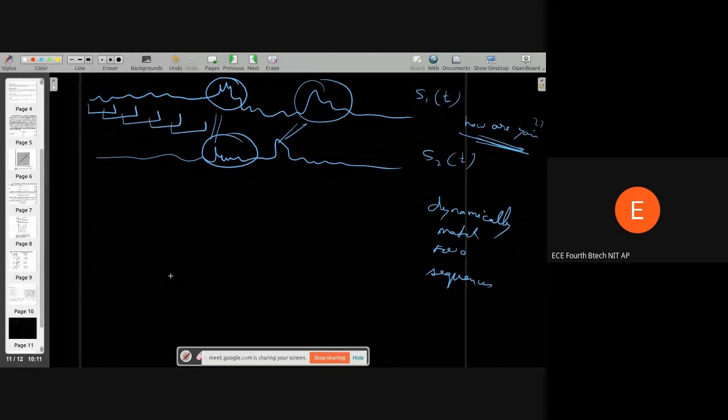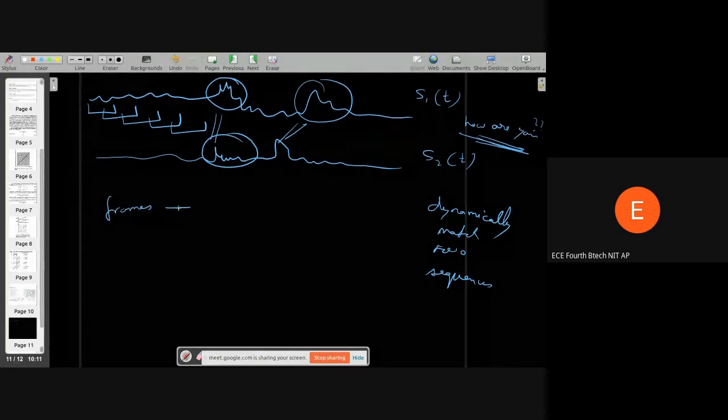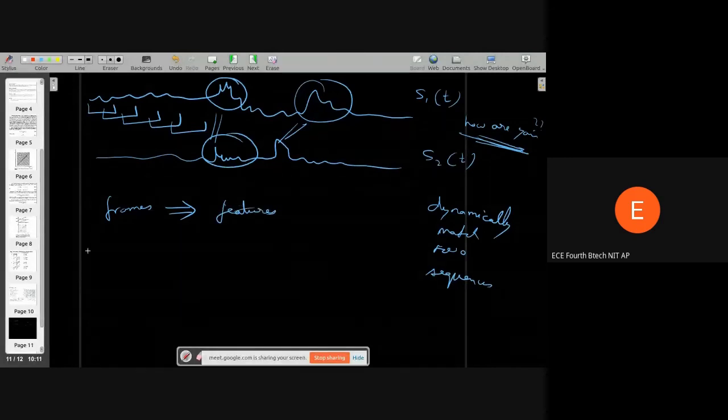From each frame, we then have features. It could be MFCCs. So let's say for the first, you have some M frames, and you have N frames.